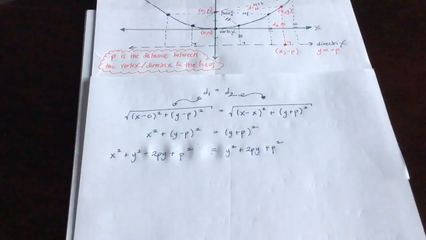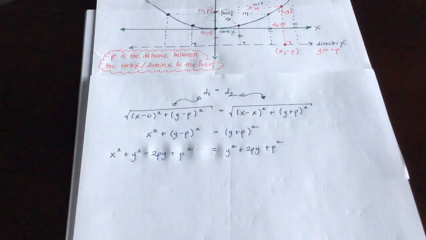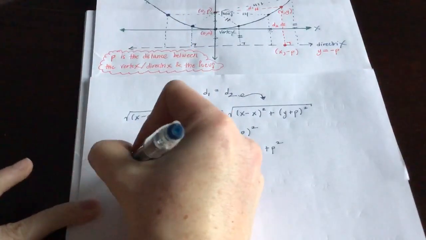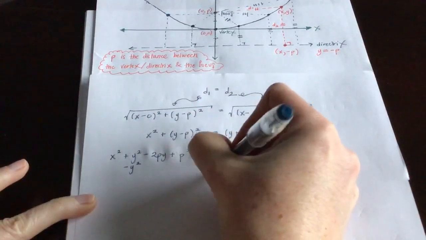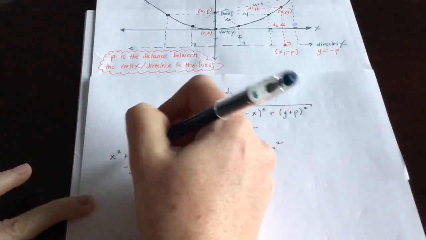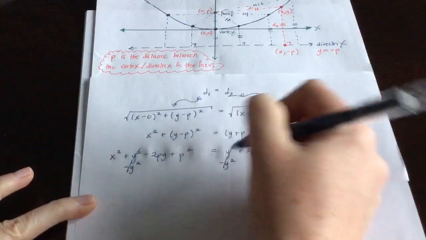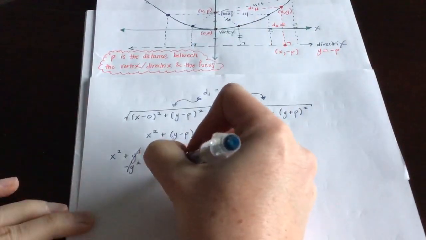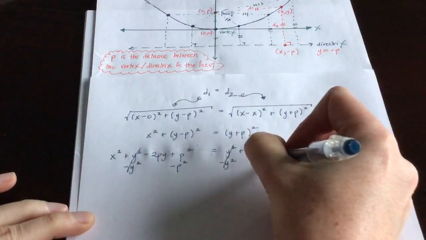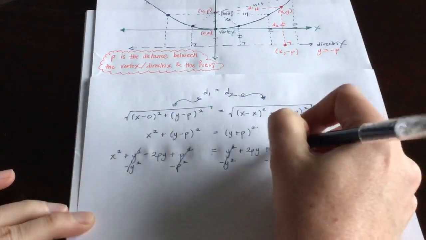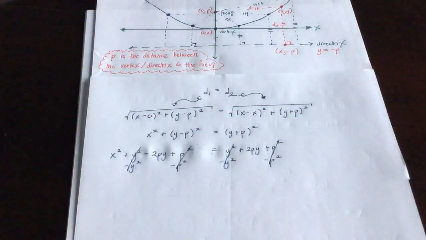Now I want you guys to look at this equation and look for something that you could group together or simplify. A lot of people would notice that you could simply subtract y squared from both sides, and you wouldn't have to show it, but it would explain why in my next step the y squareds will be gone. And similarly, you could subtract p squared from both sides, and that would explain why those will be gone in my next step.